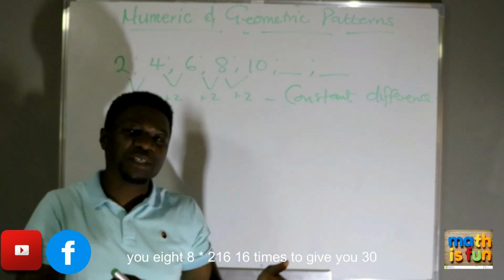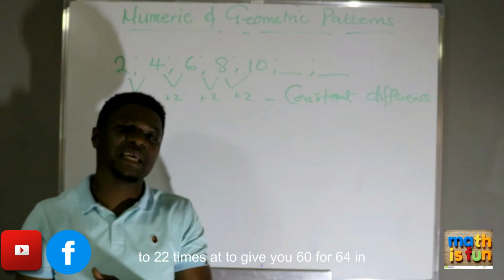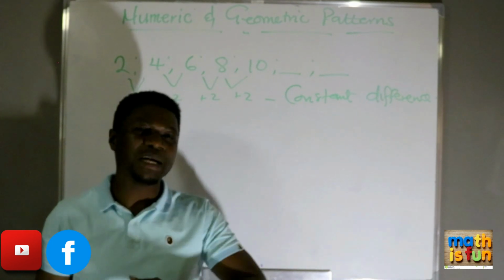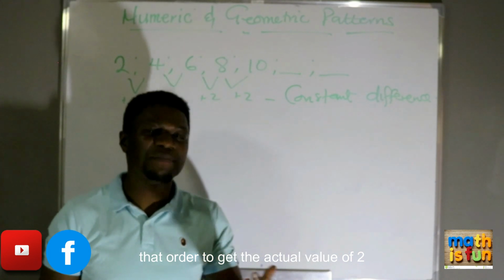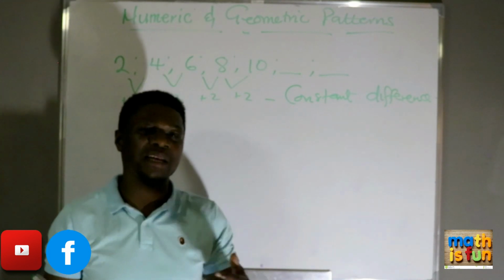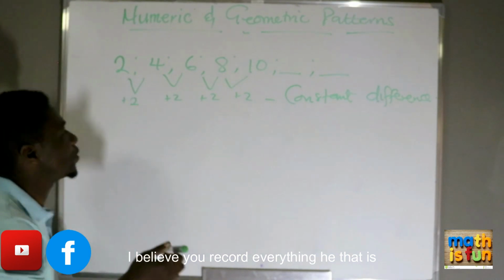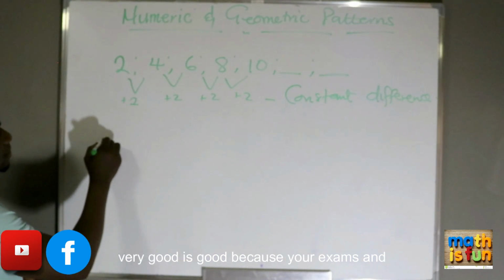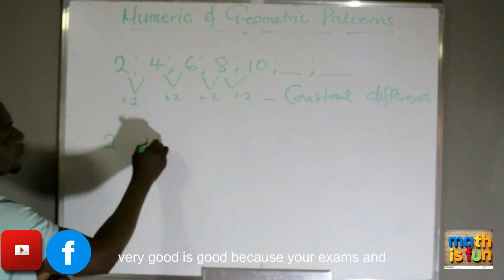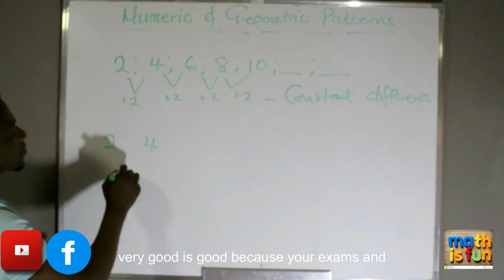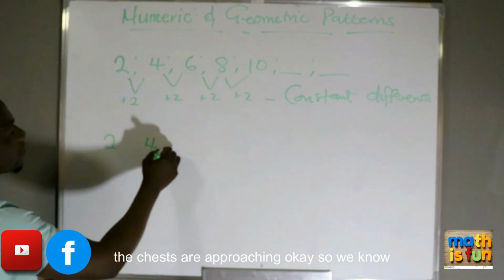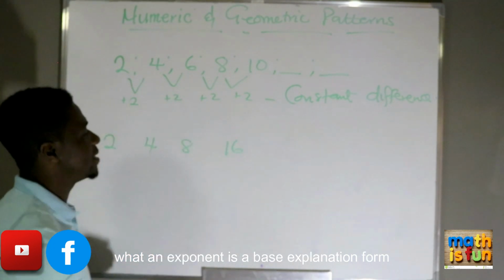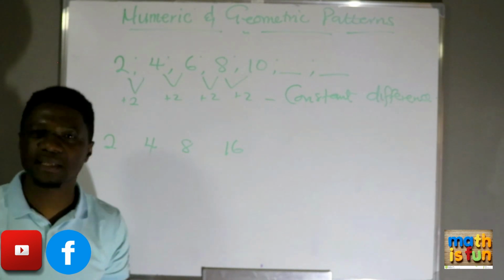But in geometric pattern, we only use multiplication or division, depending on how the sequence will flow. So getting something like 2, 4, 8, 16.